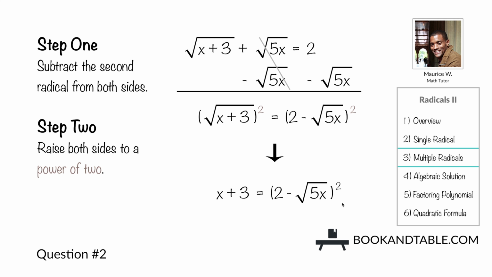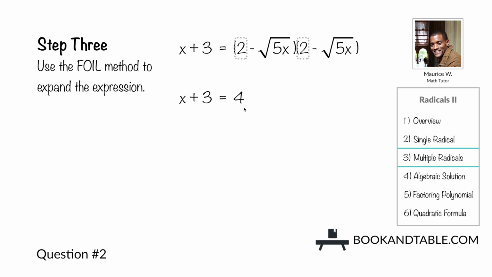So we're going to use the FOIL method to expand this expression. 2 times 2 is 4. 2 times negative radical 5x is negative 2 radical 5x. Negative radical 5x times 2 is negative 2 radical 5x. And negative radical 5x times negative radical 5x is positive 5x.